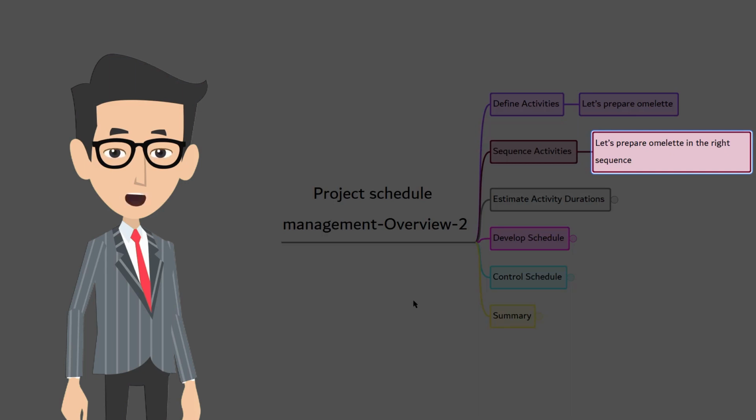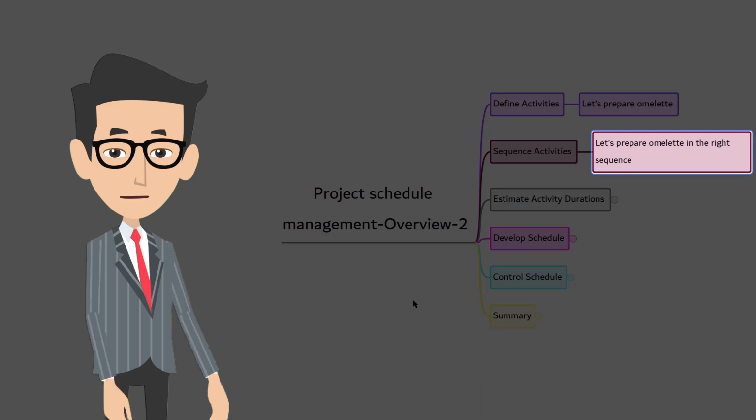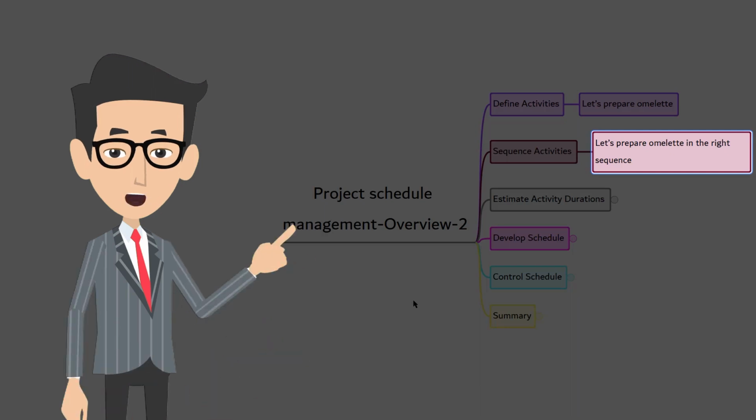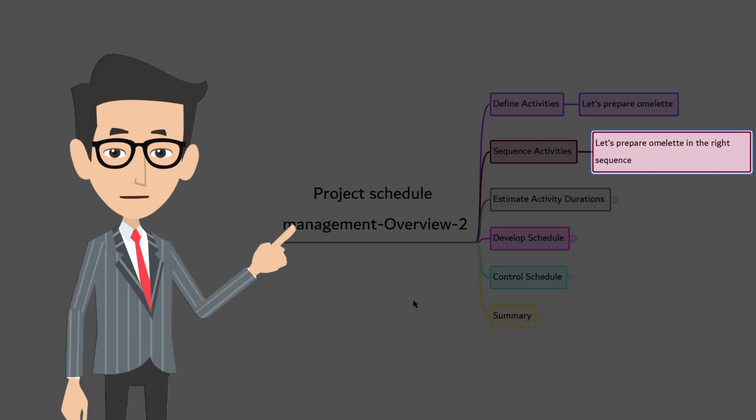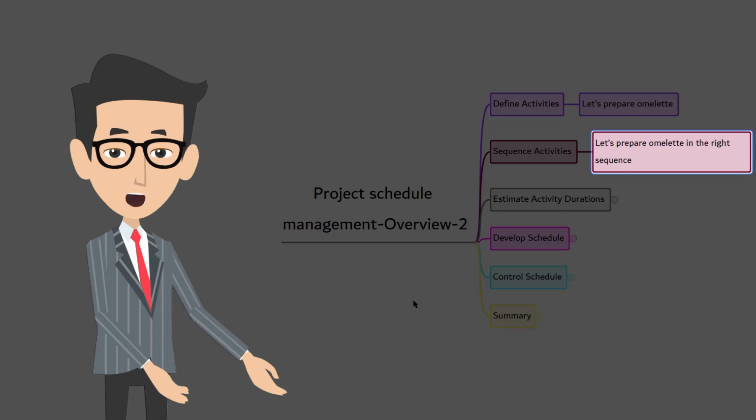Imagine in the same omelette making example, how about if we started the whole process by listing the activities to be done in sequence? I hope you remember in this process we wasted a couple of minutes for the pan to get hot. If the steps are clearly known by sequence, even this could have been avoided, right? Okay, shall we do the same exercise again, but this time with proper sequencing?